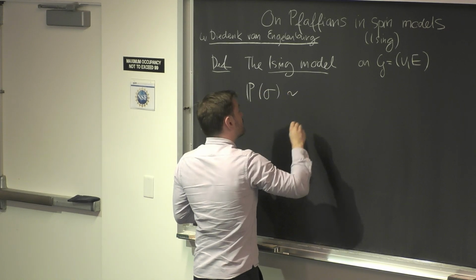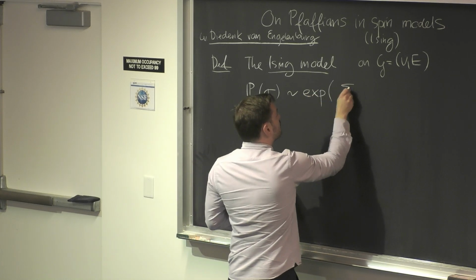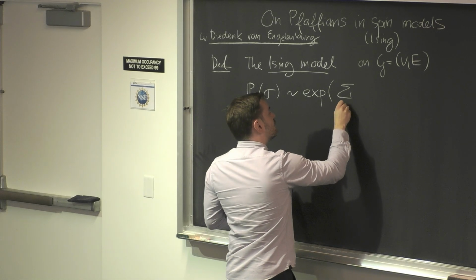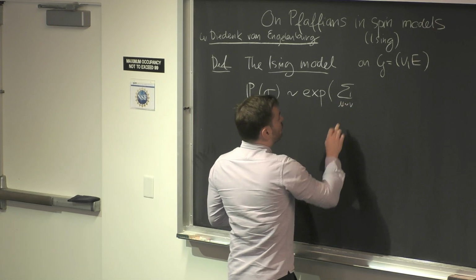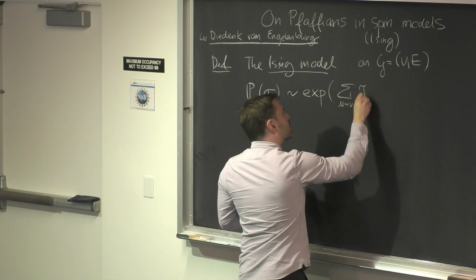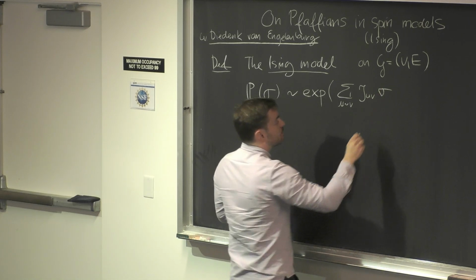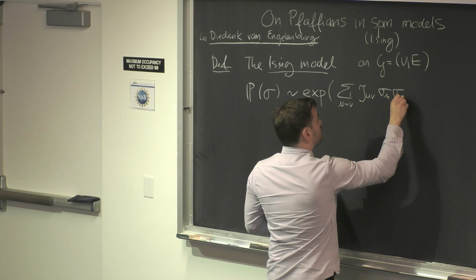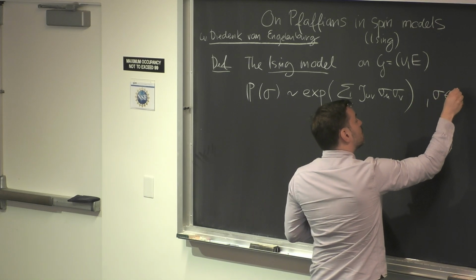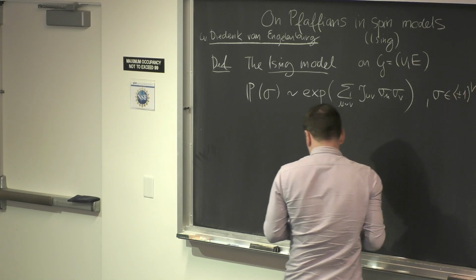It's a probability measure proportional to some Gibbs-Boltzmann factor. And in this talk, I will assume that the interactions are nearest neighbor. So we take a sum over all adjacent vertices in the graph. And then I have some coupling constants which measure the strength of interaction. And then there is the product of spins. So sigma here is in plus minus 1 to the power vertices.